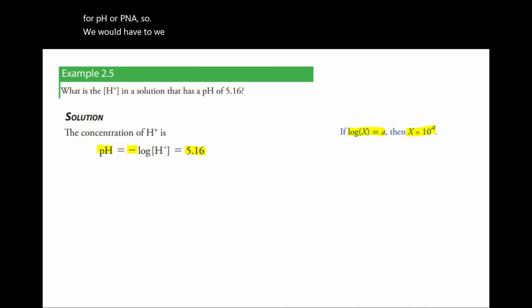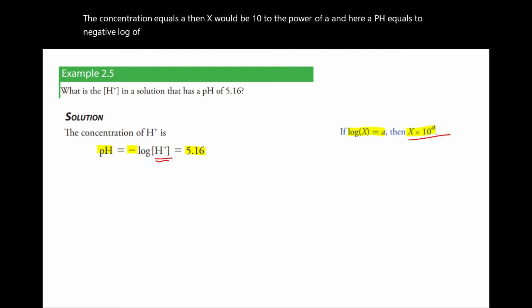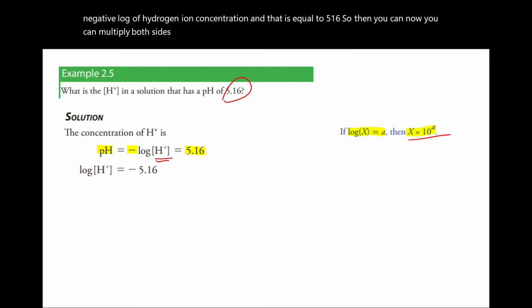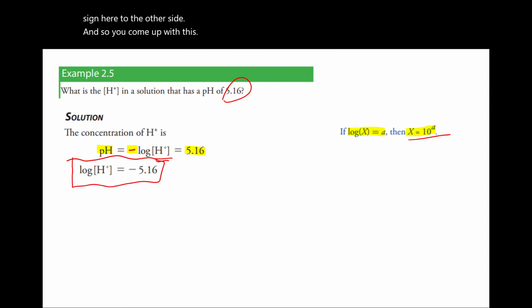If log X equals A, then X would be 10 to the power of A. Here pH equals the negative log of the hydrogen ion concentration, and that is equal to 5.16. So then you multiply both sides by negative, moving this negative sign to the other side, and you come up with this formula.